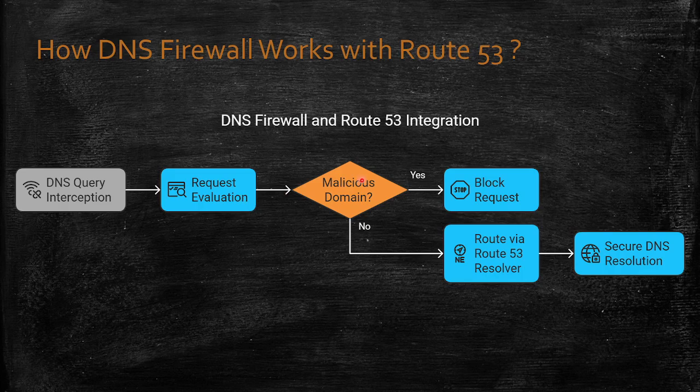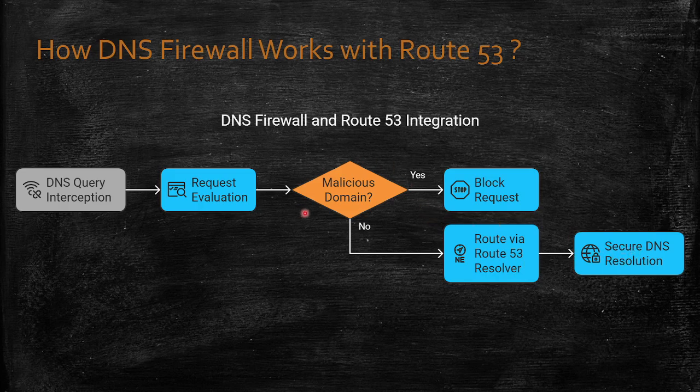We have created the firewall filters, so if the domain matches the malicious domain list, it will block the request. If not, it will pass your request to the Route 53 resolver, and go to the internet and download the packages and do all the things.